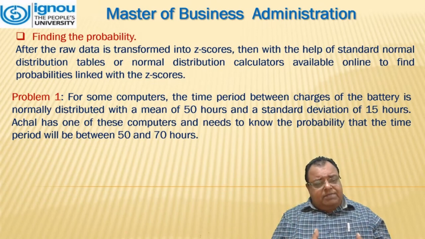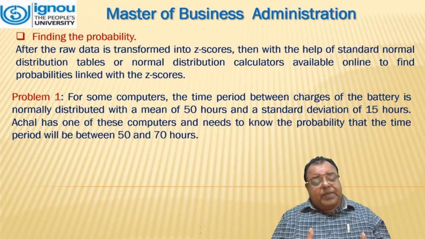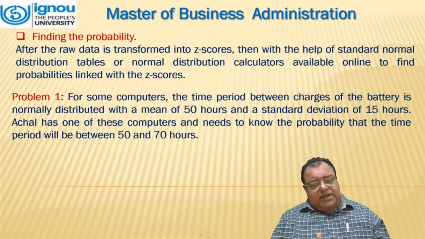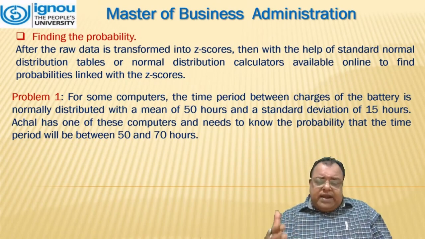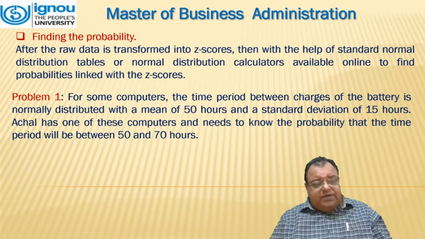We will take up an example to understand how this is performed. For some computers, the time period between charges of the battery is normally distributed with a mean of 50 hours and a standard deviation of 15 hours.